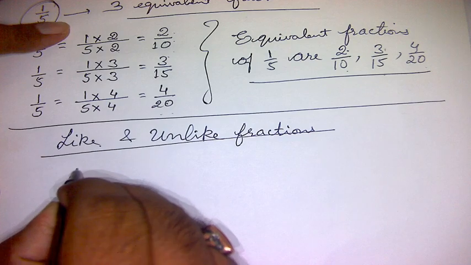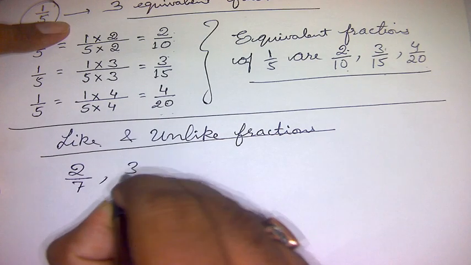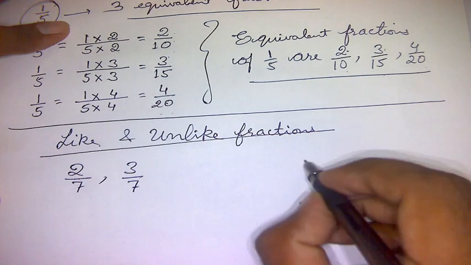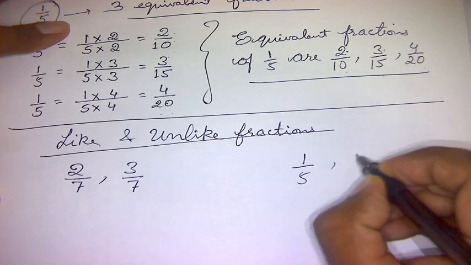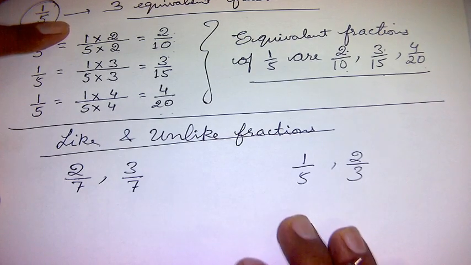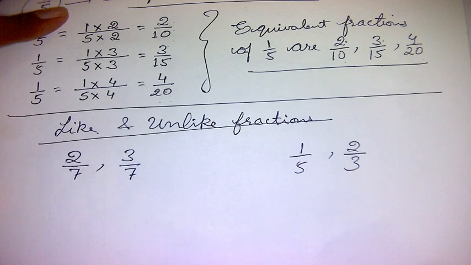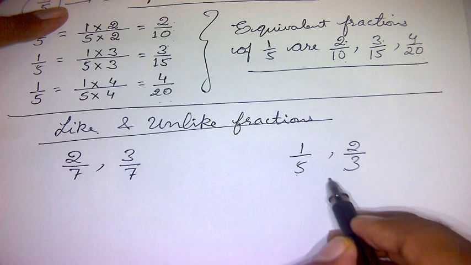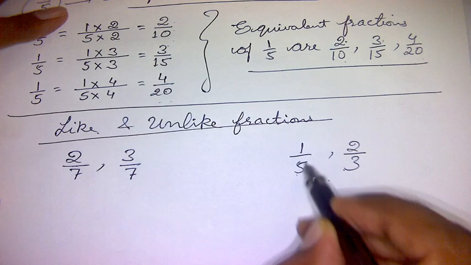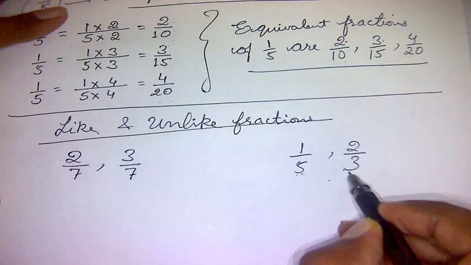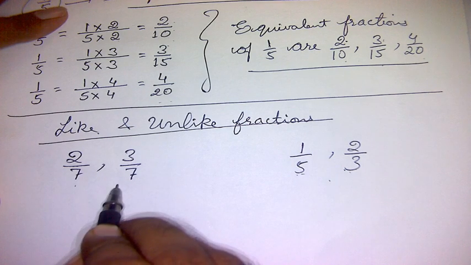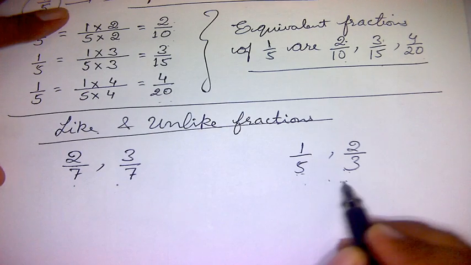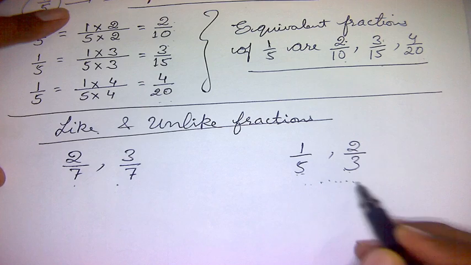For example, 2 upon 7 and 3 upon 7 are like fractions, whereas 1 upon 5 and 2 upon 3 are unlike fractions. Now we can convert unlike fractions into like fractions, that is, we can make the denominators the same. If the denominators are already the same, they are like fractions.